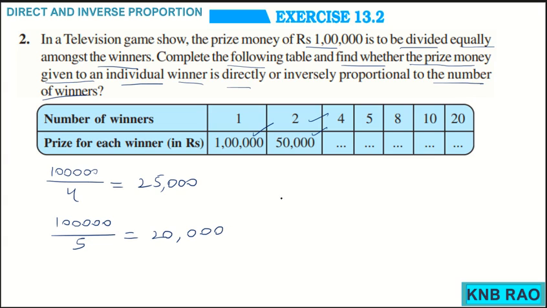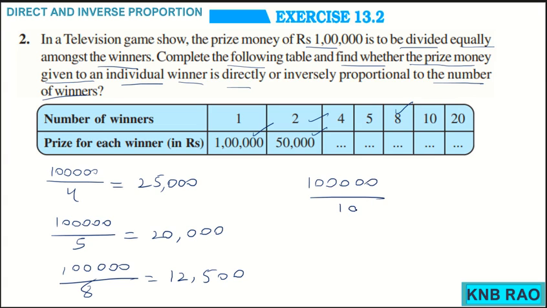And similarly, if 1 lakh is equally divided amongst 8 members, then each will get 12,500. Similarly, 1 lakh when equally divided among 10 winners will give 10,000 to each, and if 1 lakh is divided among 20 winners equally, then each will get 5,000.